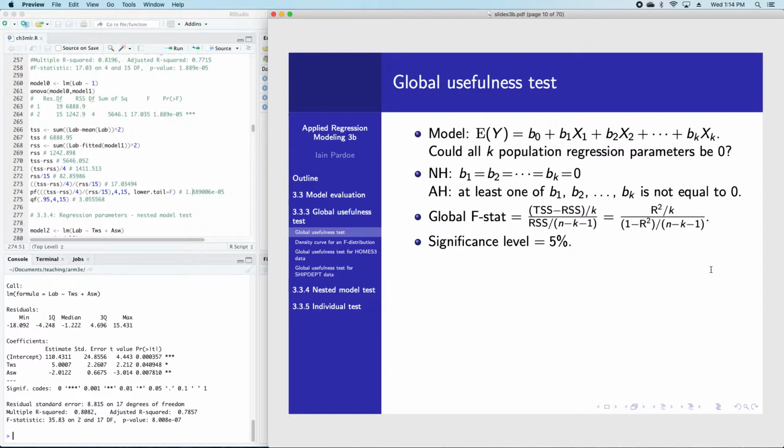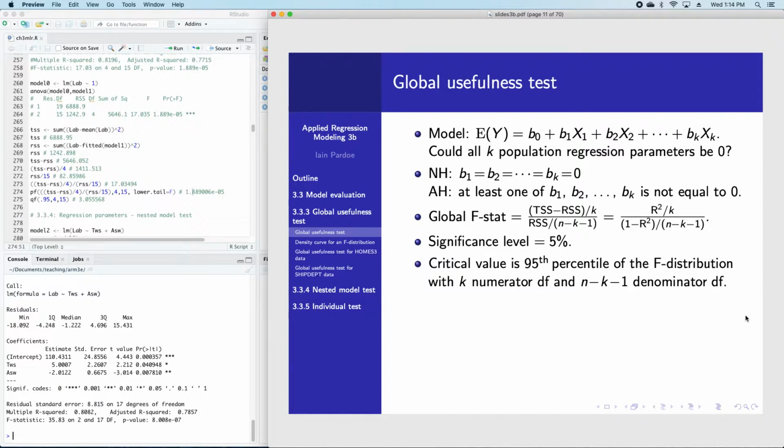Okay, let's set the significance level for the test, and then we can use the rejection region method by finding the critical value that defines the rejection region. This is an F statistic, so under the null hypothesis it has an F distribution. The F distribution is a probability distribution that's indexed by two different degrees of freedom, a numerator degrees of freedom and a denominator degrees of freedom.